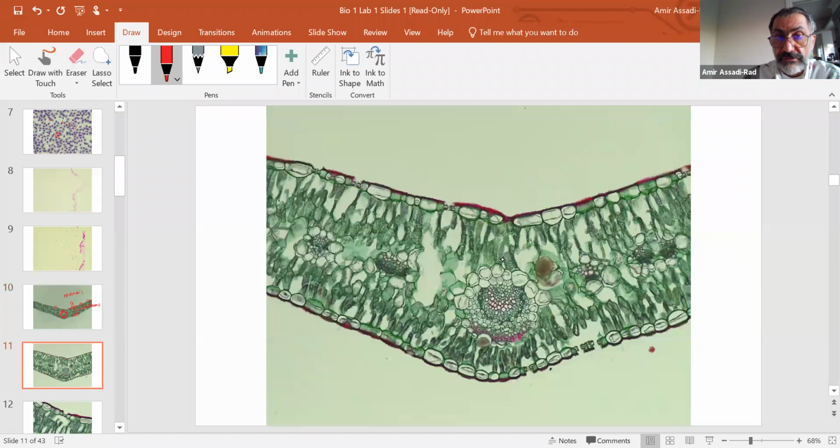This is a high magnification. You can see beautifully the stomata, the opening, and there are guard cells here. I don't think I mentioned the guard cells in your lab manual, so don't worry about it. This is the vascular bundle, the whole thing. The red is xylem, and all of the green is phloem.